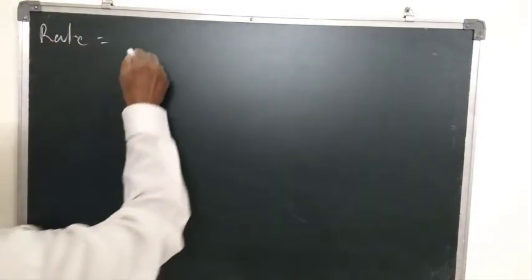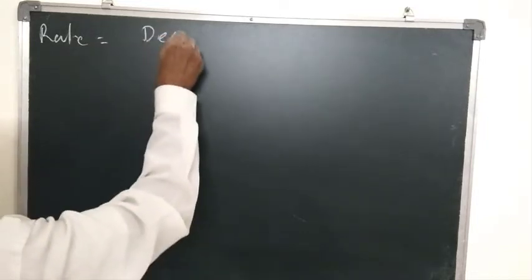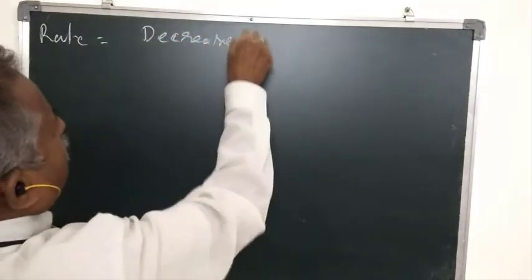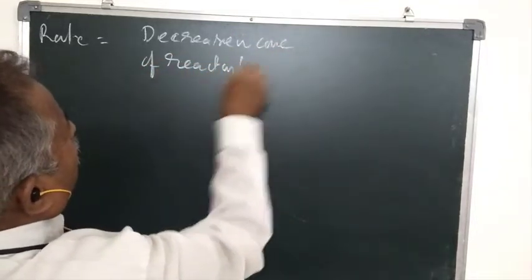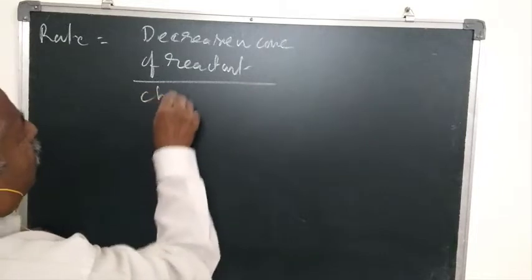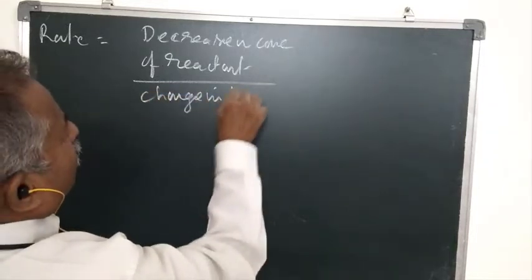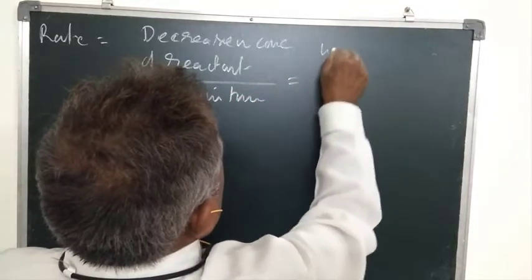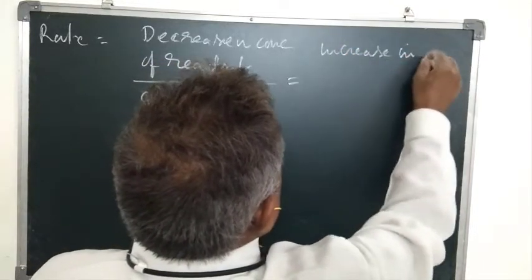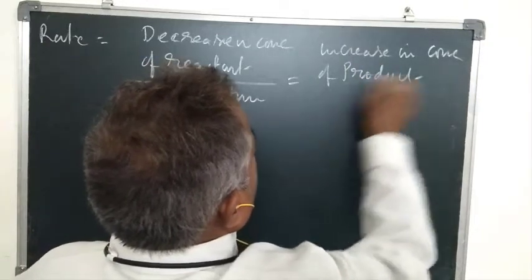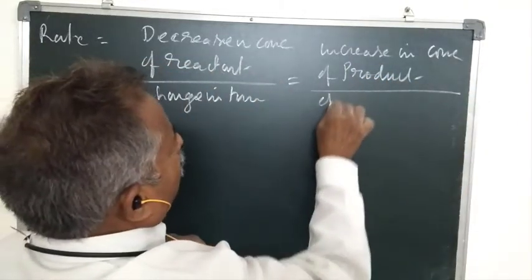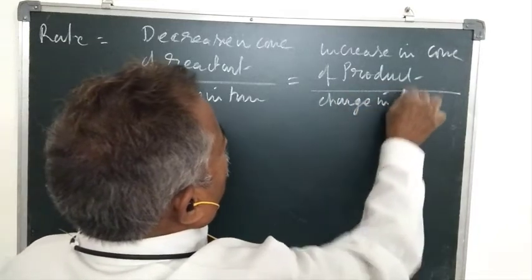So, how do we conclude this? Rate equal to decrease in concentration of reactant by change in time is equal to increase in concentration of product by change in time.